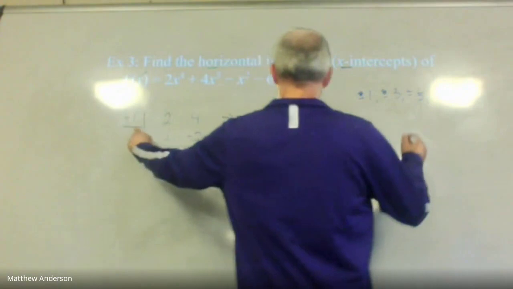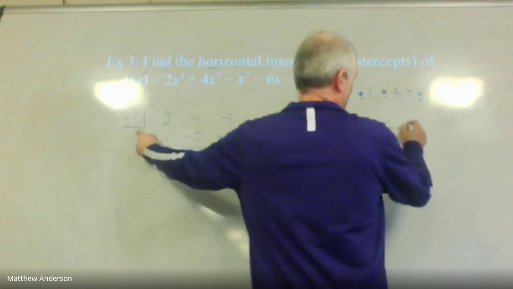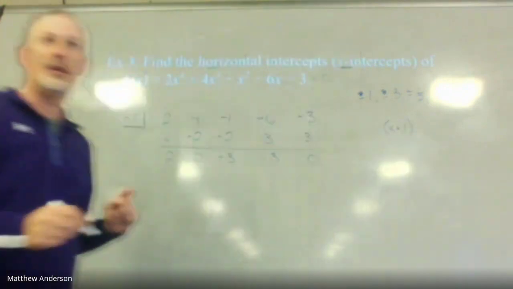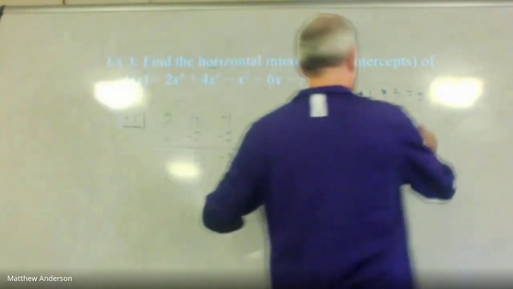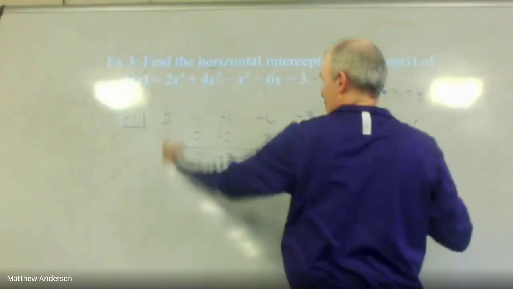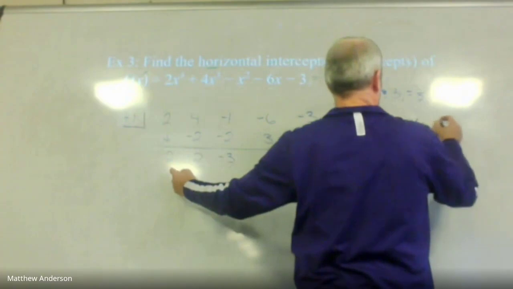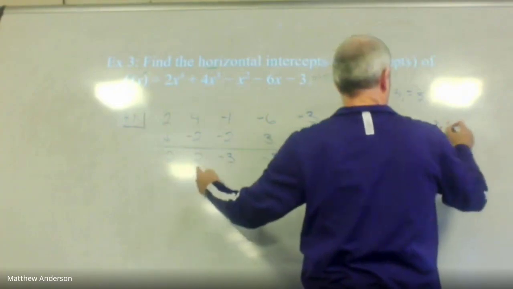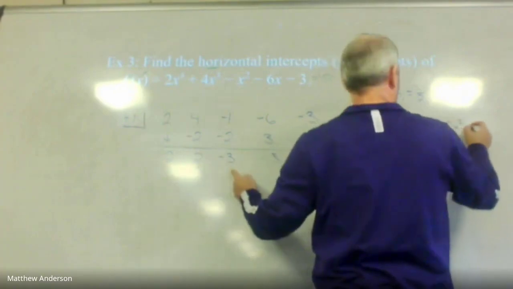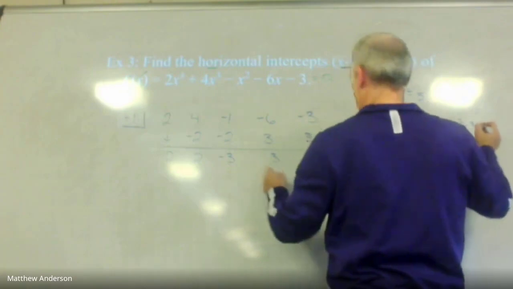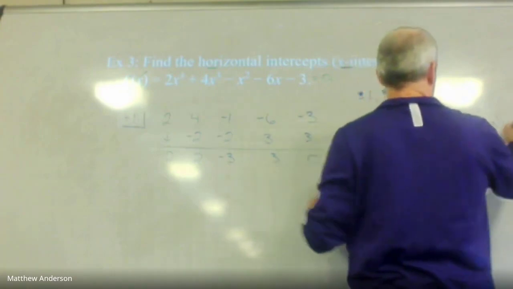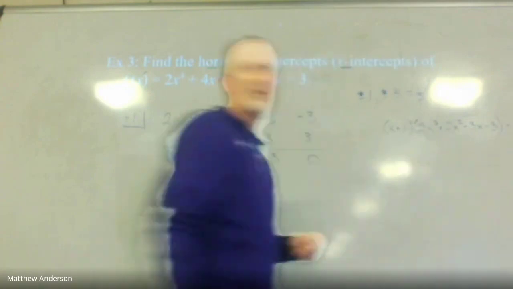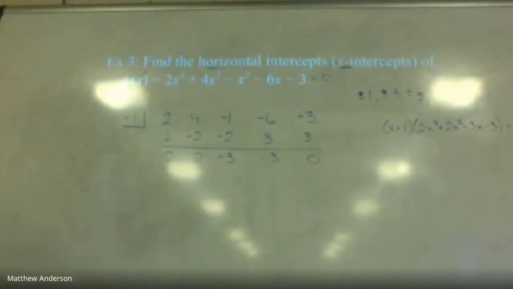Remember, if that's the number we used, x plus 1 is the factor. And then what's left is this. Remember, the degree always goes down by 1. So this would be 2x cubed plus 2x squared minus 3x and minus 3. So it's basically like we found a factor by doing this division.